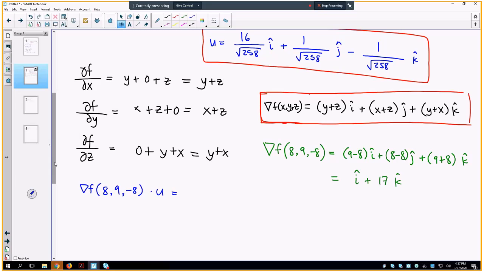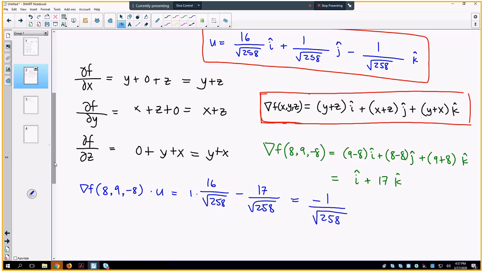So that's going to be 1 times 16 over square root of 258, minus 17 over square root of 258, or 17 times 1 over square root of 258. So that's minus 1 over square root of 258.